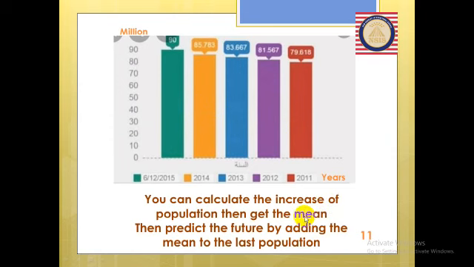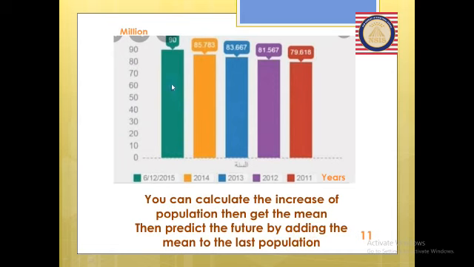You took it in the first term. The differences between them are 4, okay? So add them and divide them by 4, so you get the mean. This mean you're going to add to the last year here, to predict the future, okay? Very good, very nice.